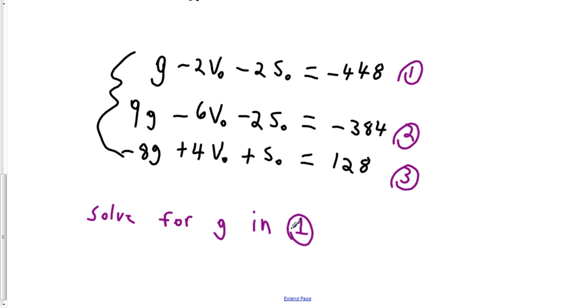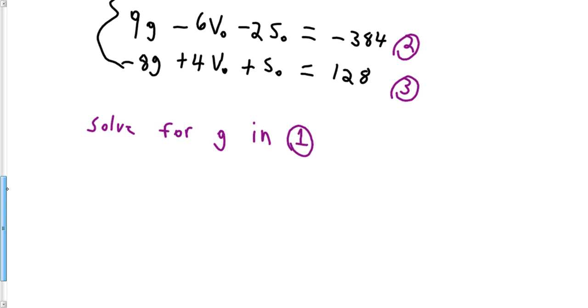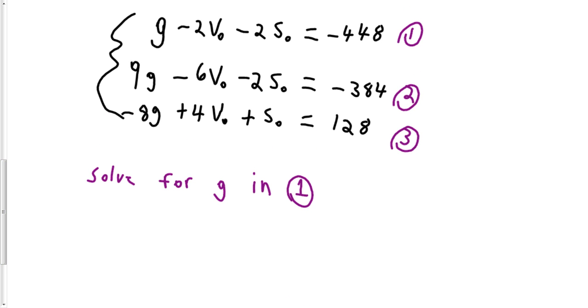I'm doing that so that I can substitute the value of g into the other equations, and that will allow me to get rid of g from two of my equations, leaving only v naught and s naught. In the first equation, if I solve for g, I'm going to add 2v naught and add 2s naught to both sides.